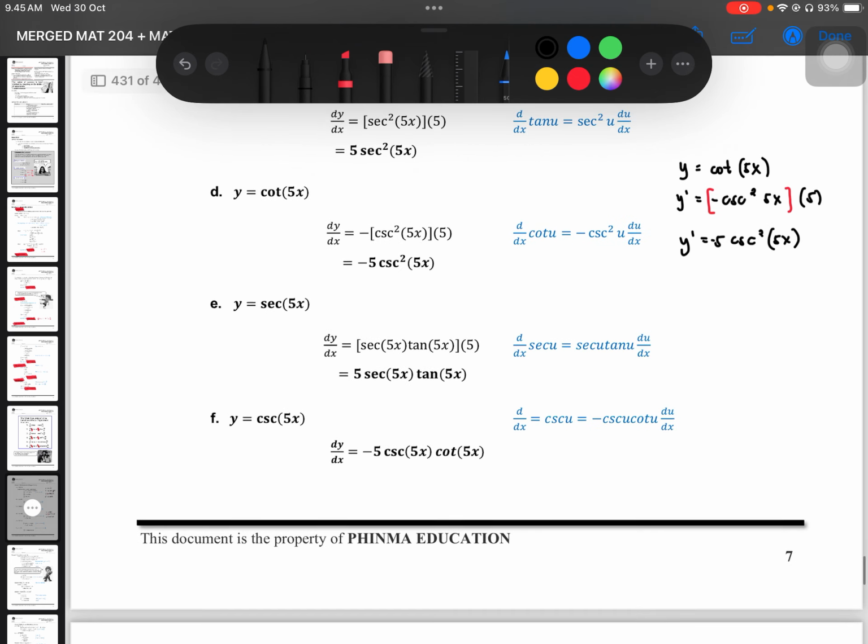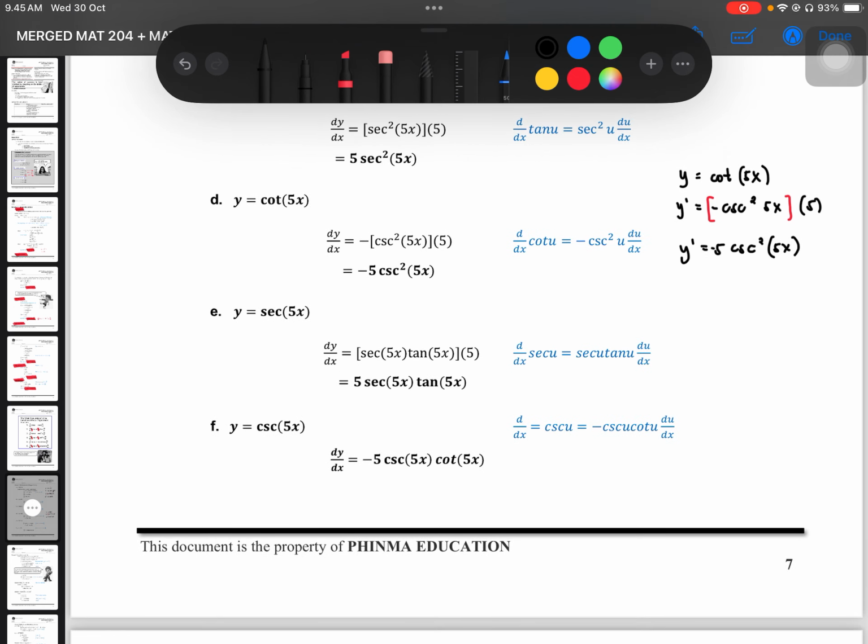And let's have this cosecant. Okay, so we have y is equal to cosecant 5x. Sorry, this is y pa lang pala. Okay, y. So, we have y prime. Let's get the first derivative. Ano ang derivative ng cosecant? We have negative cosecant, ang u natin is 5x.